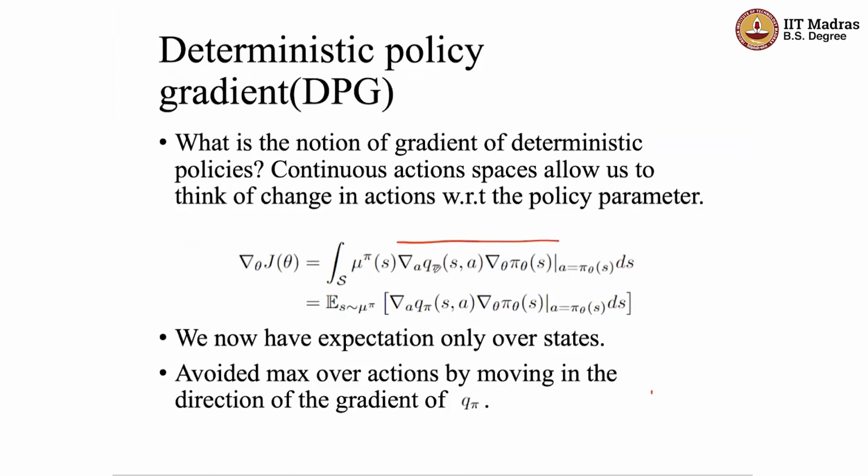Instead of taking the derivative of q with respect to theta, I take the derivative of q with respect to a and then pi with respect to theta. That gives me the overall derivative that I wanted. This derivative of pi is evaluated at a equal to pi theta of s.